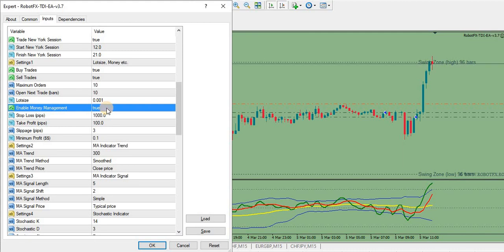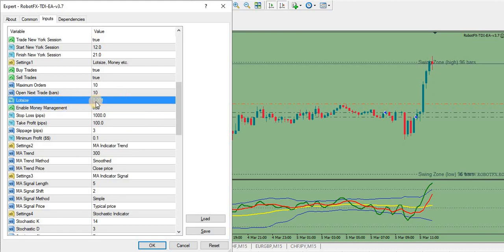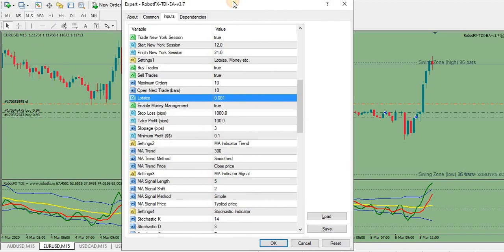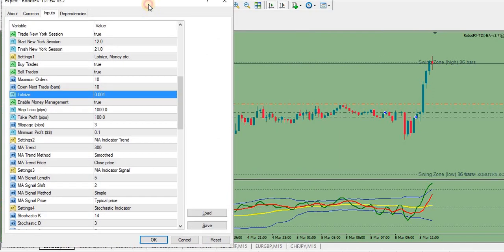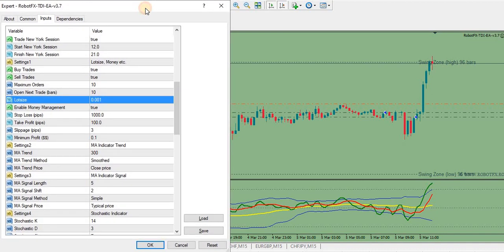So if you enable money management, the expert advisor will use 0.001% of the free margin to open a trade. I think for this example, what I'm trading right here, it's 0.94, 0.93. That would be my percentage.